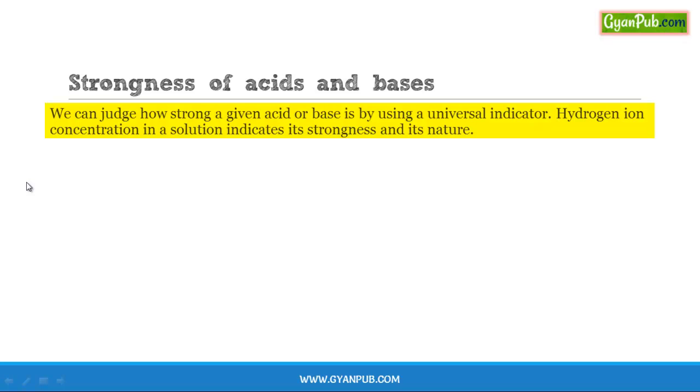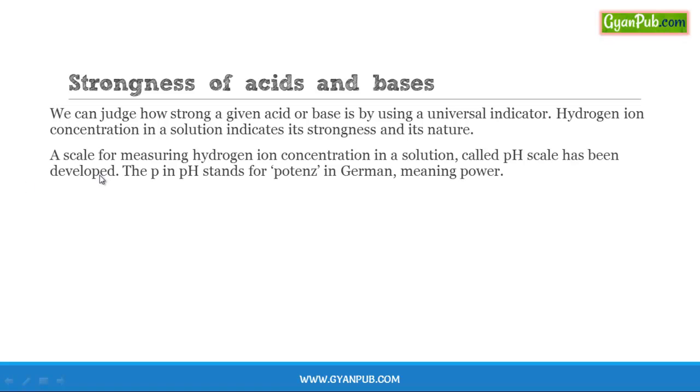We know that acids and bases produce H+ ions and OH- ions respectively when dissolved in water. When diluted with water, the H+ ion concentration and OH- ion concentration decrease, and the strength of these acids also decreases. So hydrogen ion concentration in an acid indicates its strength.